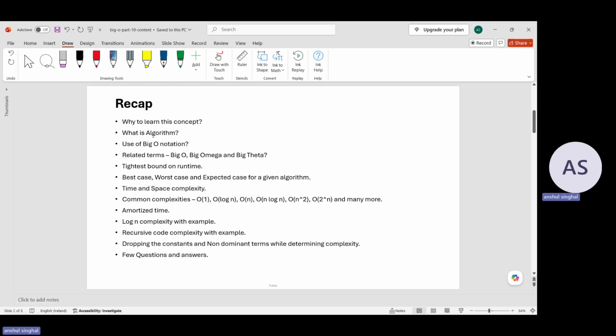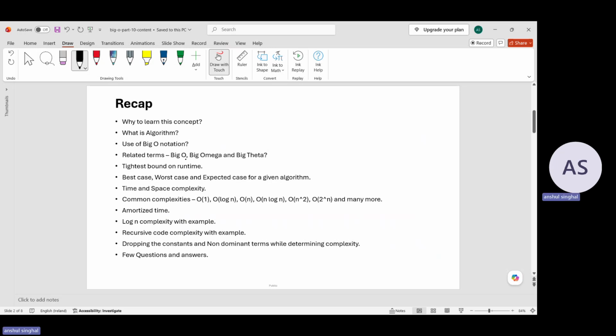We also looked at a few other terminologies while using this concept of big O notation. One was big O, the other one is big omega, and one is big theta.